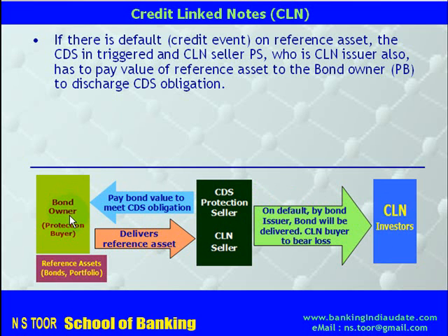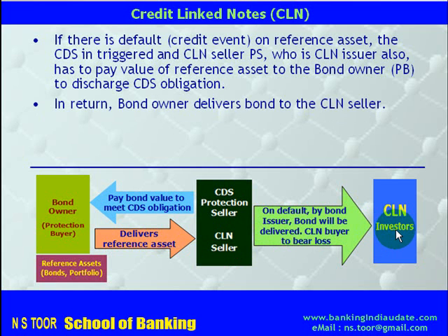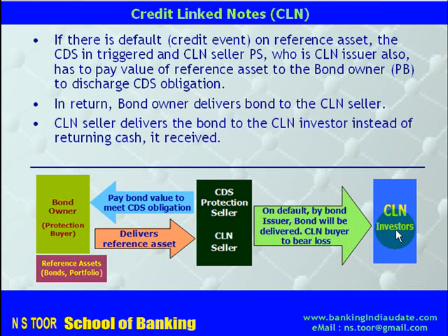Once the bond owner receives the face value of the reference asset, they will deliver the reference asset, that is the bond, to the CLN seller. And the CLN seller in return will deliver this bond to the CLN investor. Ultimately, what do the CLN investors get in case of default?